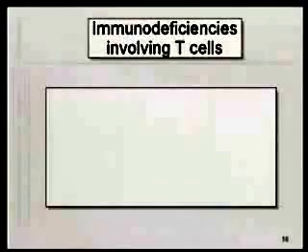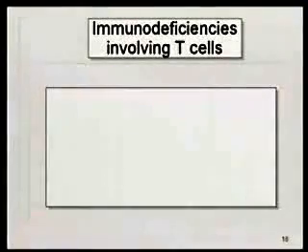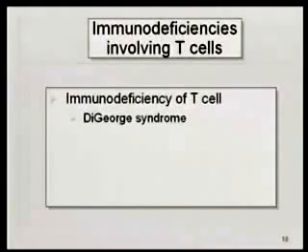You stain them, and you can enumerate and confirm the diagnosis by seeing very few or no T and B cells in these patients, and immunoglobulins are absent as well. So that is severe combined immunodeficiency, where both T and B cells are severely reduced or absent, and the consequence is absence of immunoglobulins as well.